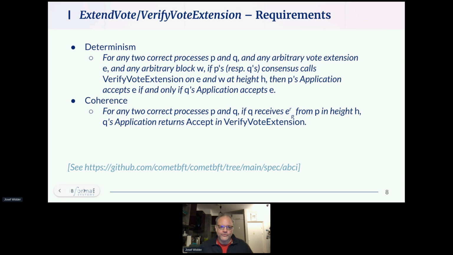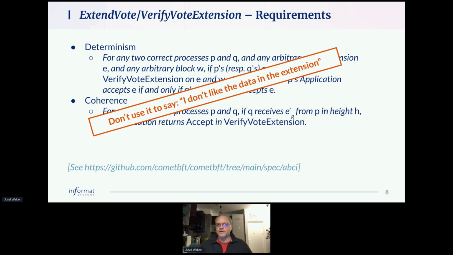Similarly, for extend vote and verify vote extensions, we have similar properties. We cannot use them to say we don't like the data in the extension, because again, this will induce liveness problems on consensus. So there are new powers that are given, but use them with care.